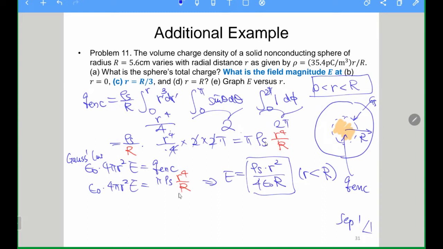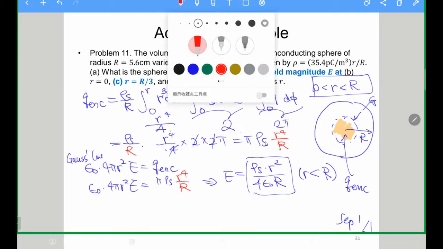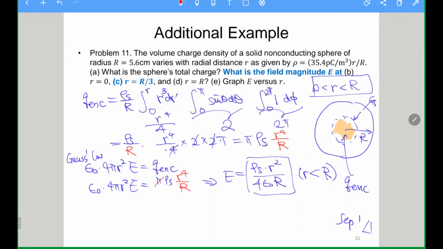Then we can have some cancellation. This pi can be cancelled with this pi, and r squared and r to the fourth cancel down to r squared. Finally we move this epsilon naught and also the 4 over.